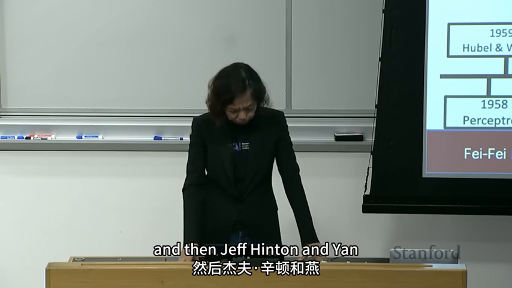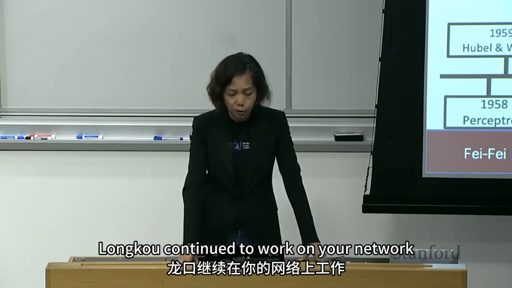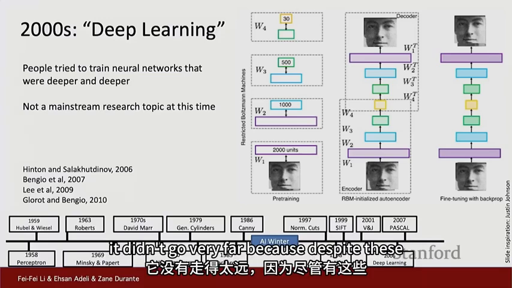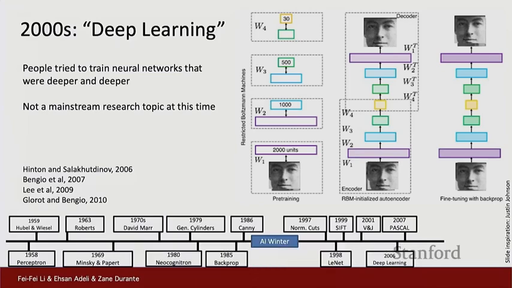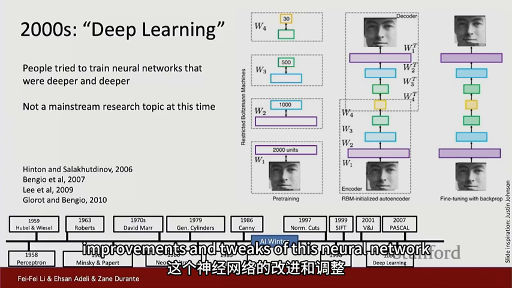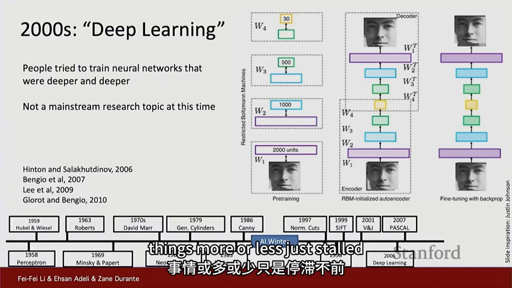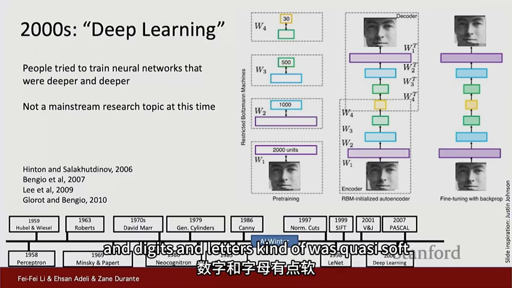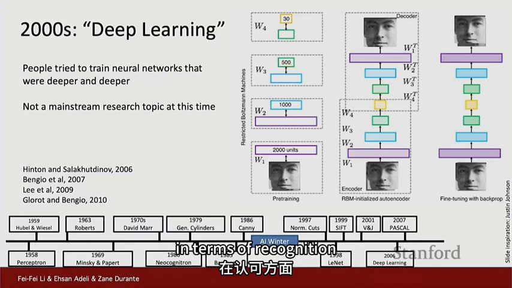Then Jeff Hinton and Yann LeCun continued to work on neural networks. It didn't go very far because, despite these improvements and tweaks, things more or less just stalled. They collected a big data set of digits and letters, and digits and letters were quasi-solved in terms of recognition.